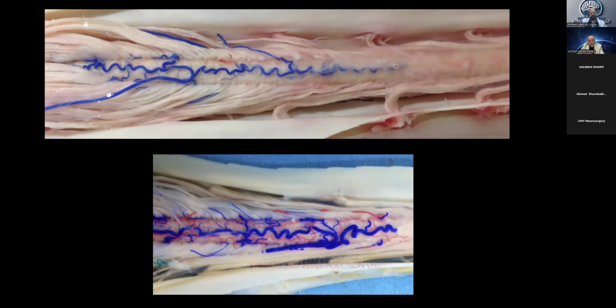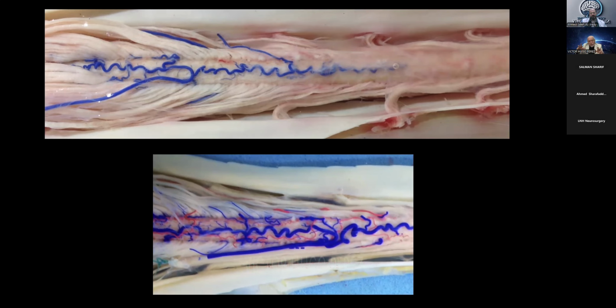If we are going to operate a simple disc, an extruded disc in the spinal cord, and we have a vein that is damaged in the surgery, most of the time some spine surgeons cauterize and close that bleeding.